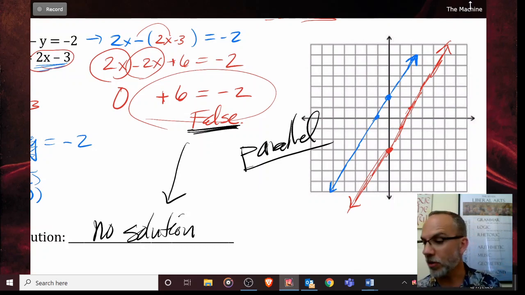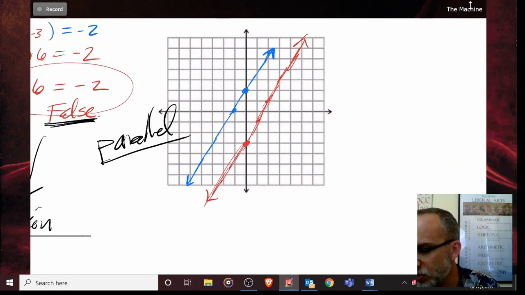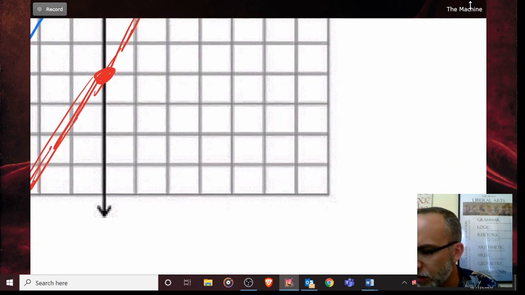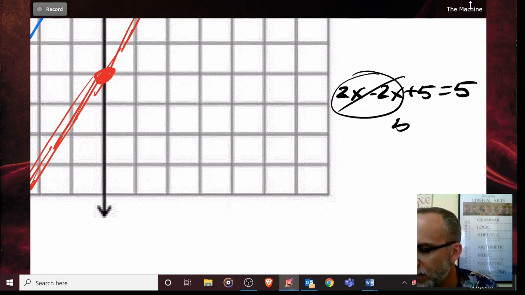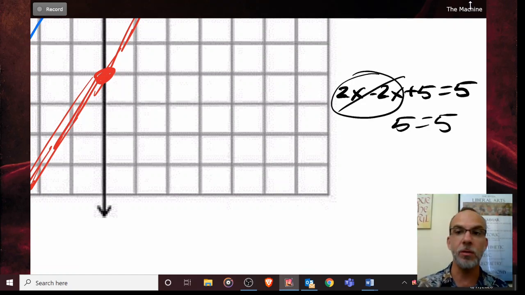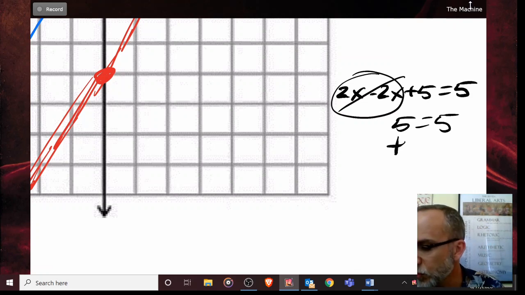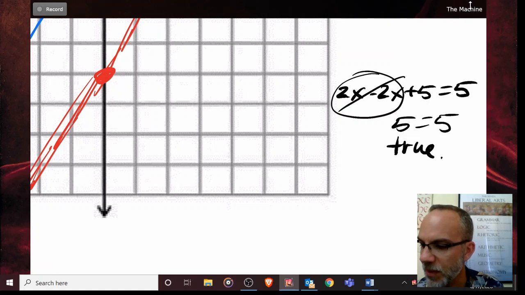Okay. Now, there's an alternate situation. An alternate situation would be like you did your variables and you had like a 2x minus a 2x plus 5 is equal to 5. And then these will cancel, and then you have 5 is equal to 5, but no variable. Well, this is a true statement. Okay, what does that mean? That means you actually have the same line.